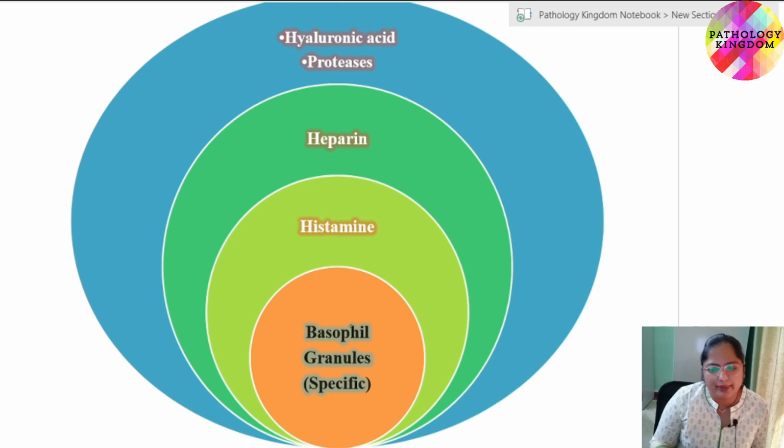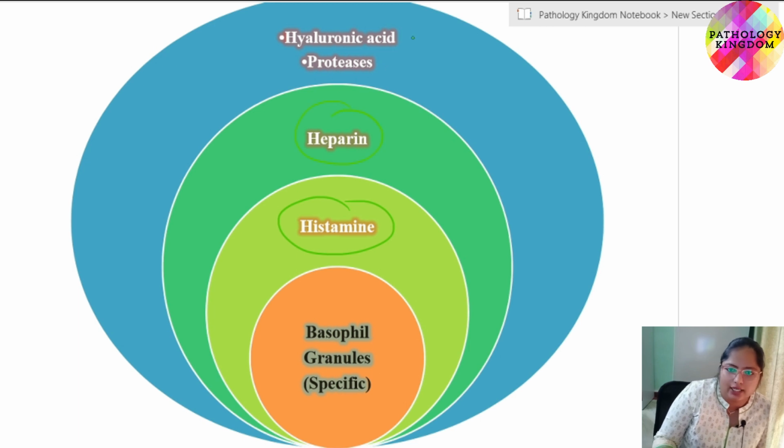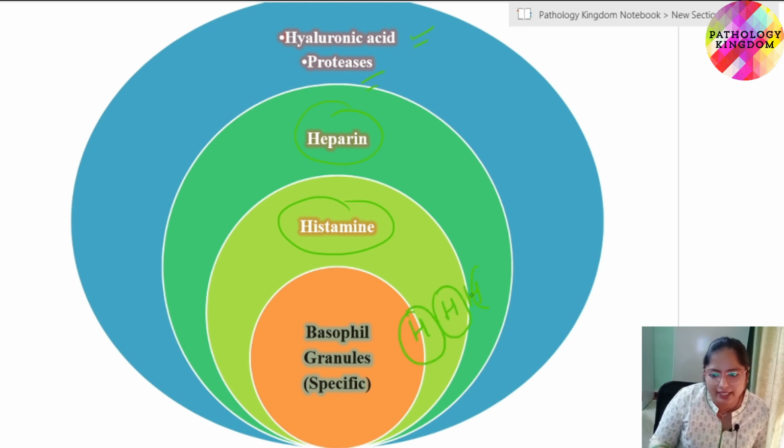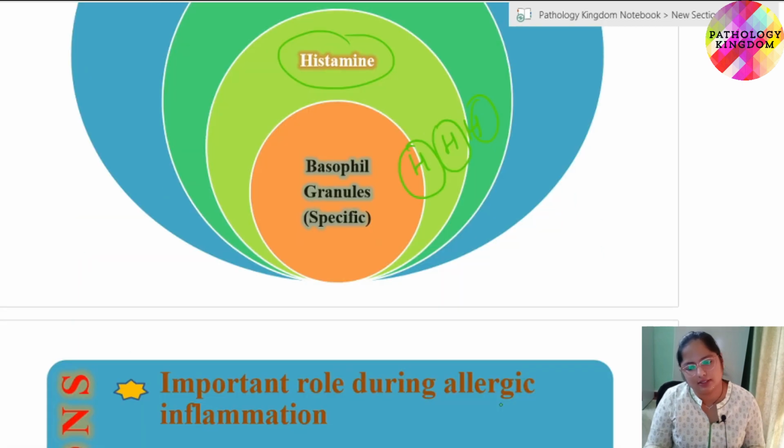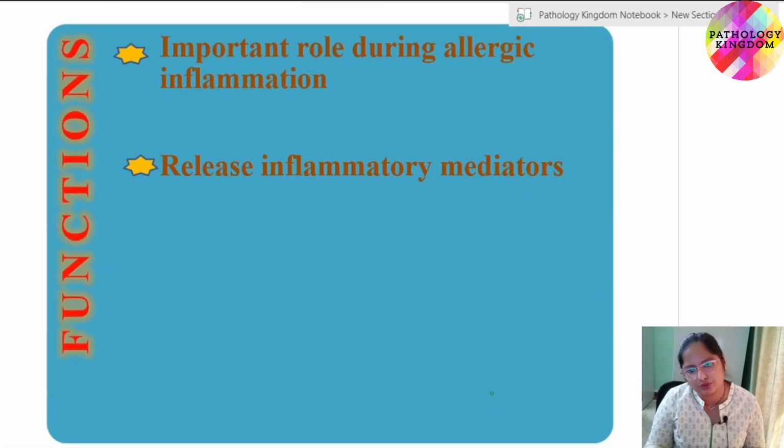Now, the specific granules of basophil contain histamine, heparin, hyaluronic acid and proteases.